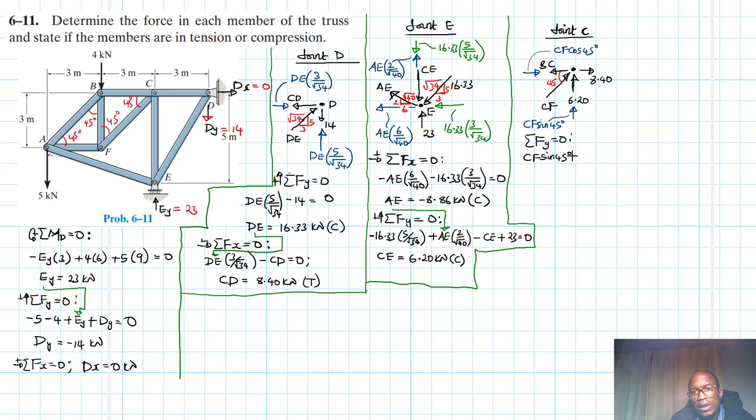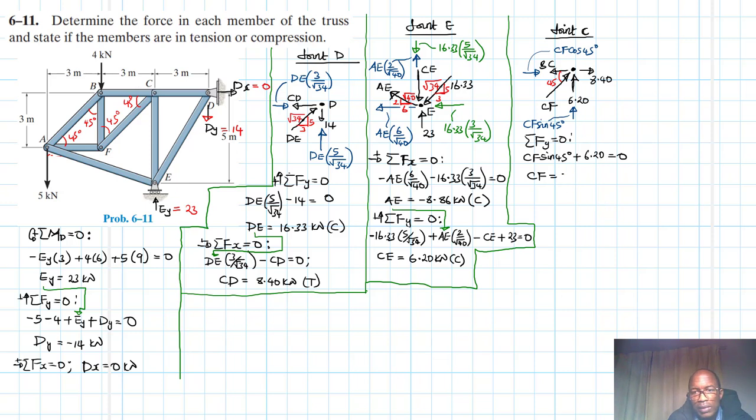Alright, and then plus 6.20, that is CE, equal to 0. Therefore our CF is just going to be equal to 6.2 divided by sine 45.